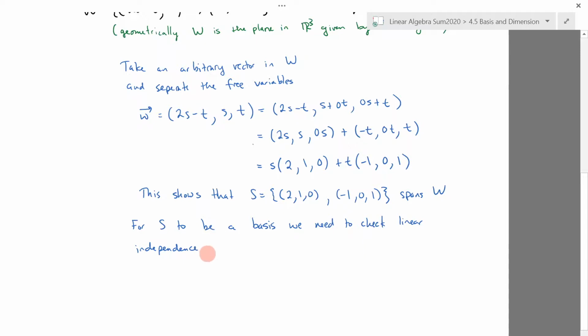And so what does it mean for linear independence, right? This means that if this is V1 and this is V2, then C1 V1 plus C2 V2 equals 0 has only the trivial solution.